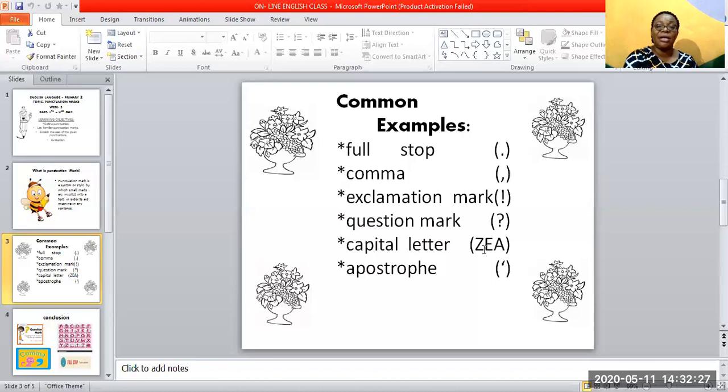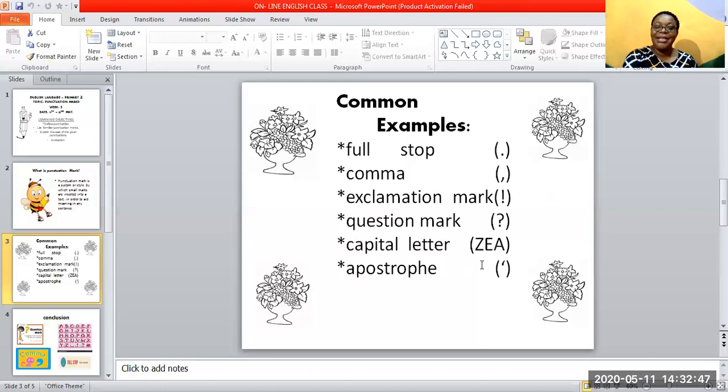His title, doctor, must begin with a capital letter. Even his name, Kolawole Ashafa, Kolawole capital K, Ashafa capital A. Are we good? Are we together?